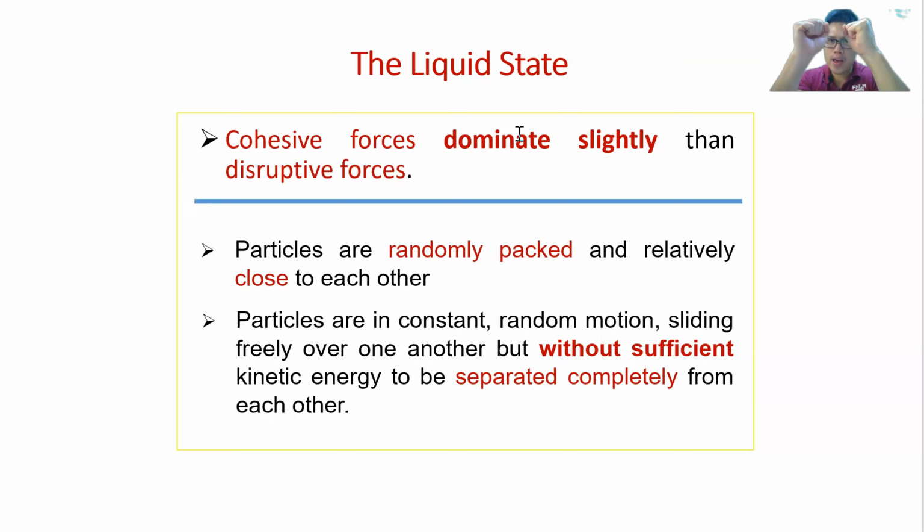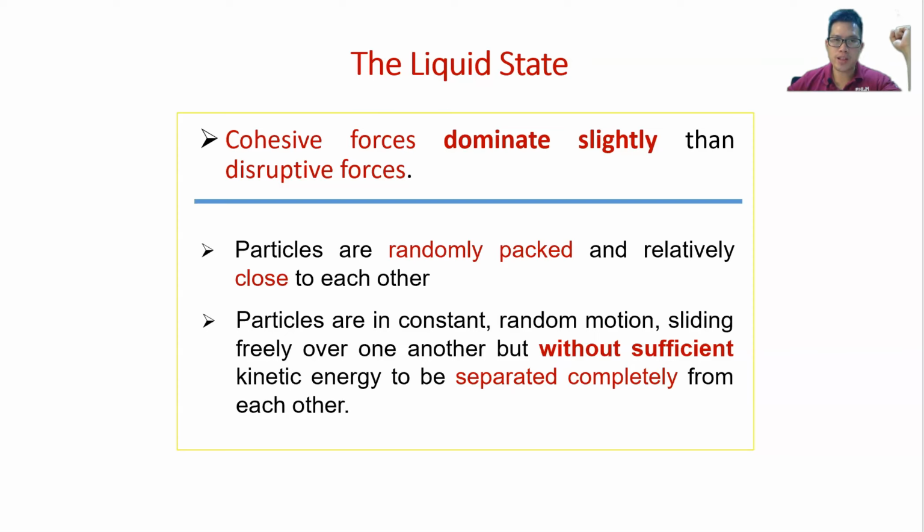So they tend to be very near to each other. Although they can slide past each other, they are very close. Particles are randomly packed and relatively close to each other, sliding freely over one another without sufficient kinetic energy to separate completely.